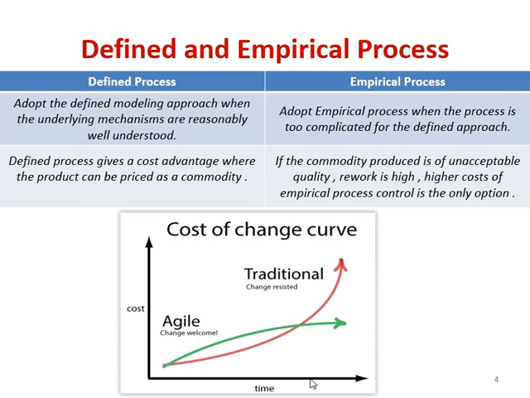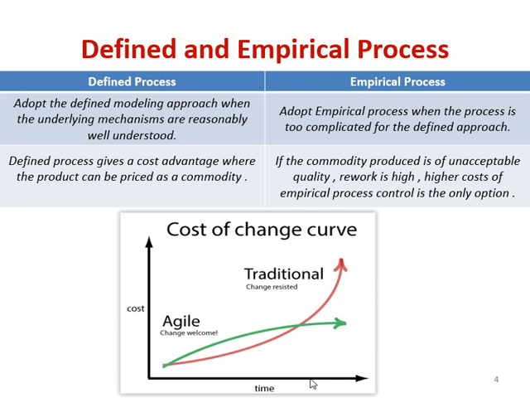A defined process is adopting a defined modeling approach when the underlying mechanisms are reasonably well understood. Suppose you have your final product in your mind, and you know all the steps to take to reach that goal and have that product ready. That is a defined process.